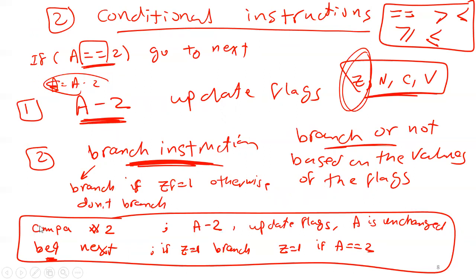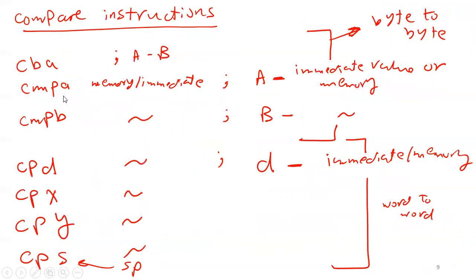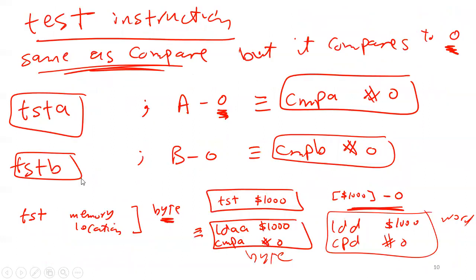After compare, you have to use one of the branch instructions, and this branch instruction will decide to branch or not based on the value of the flags. That's why I have to update the flags before I use this instruction. This is number 1. Number 2, I explained several instructions for compare and several for test. I told you test and compare are exactly the same, but test compares to 0.